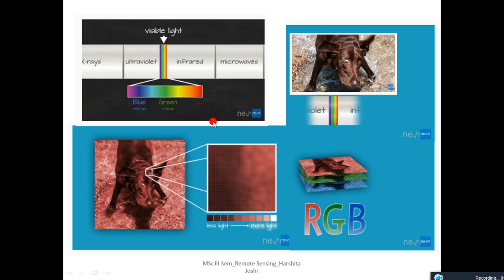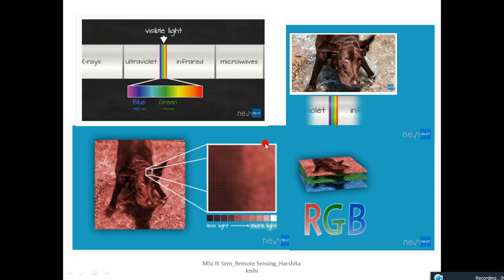If we take a single band, this is what we are going to get. For the red band, for the green band we will have a different image, for the blue band we will have a different image depending upon the wavelength of the band which is interacting and the resolution of the sensor.